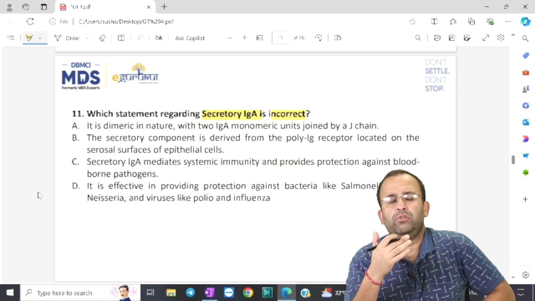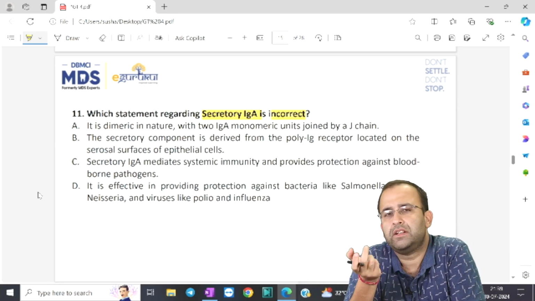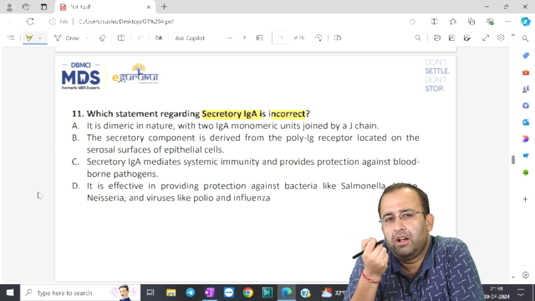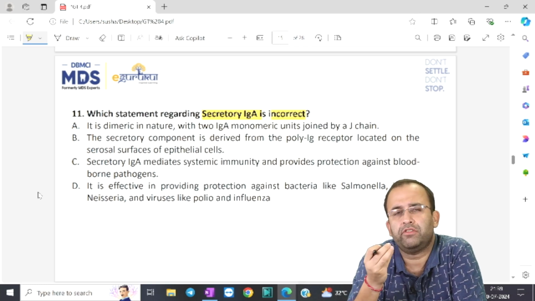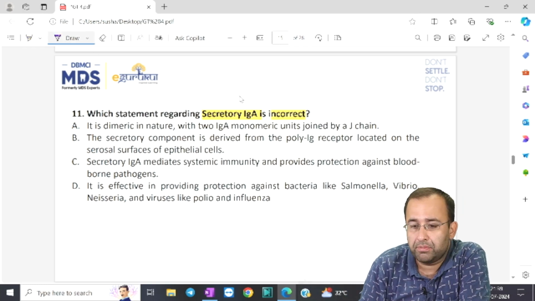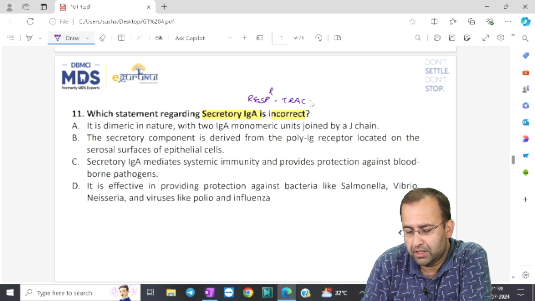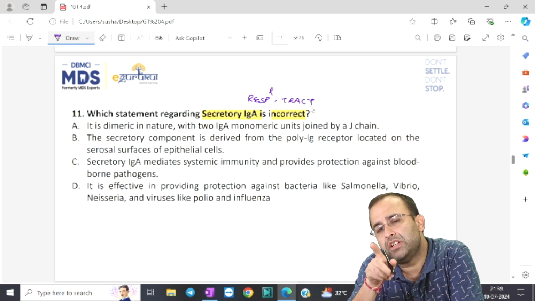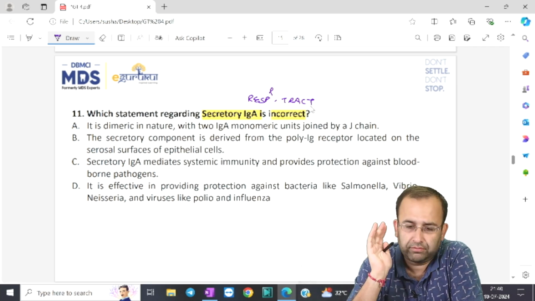We need to know that IgA antibody is secretory in nature. We need to know that it is present in saliva, respiratory secretions. What is the first thing that comes to our mind when we talk of IgA antibody? Respiratory tract. It is present in respiratory tract or respiratory secretions. That is why IgA deficiency is associated with respiratory tract infections and allergies.